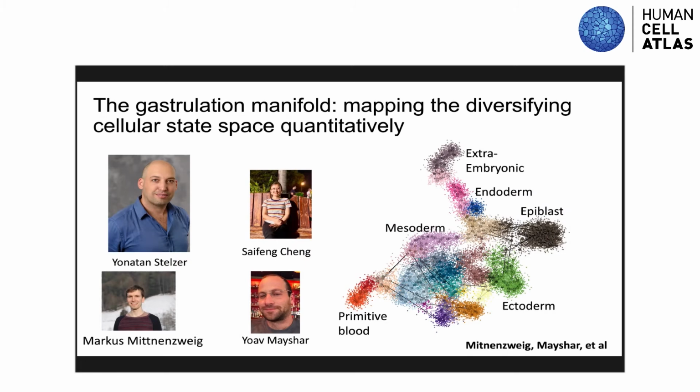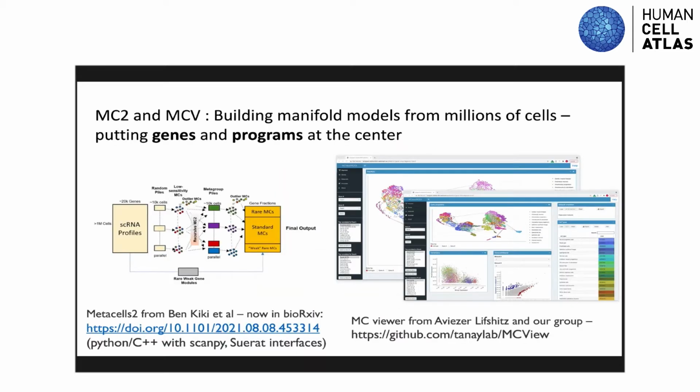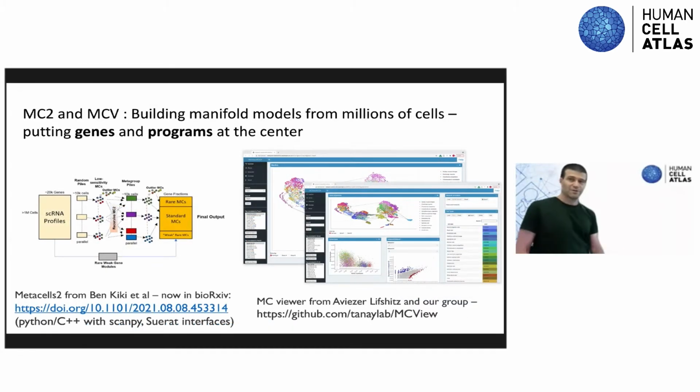So this mouse gastrulation embryo manifold is something we want to use as a basis for doing much more. In practice, by the way, highlighting some of the tools that were initially internal in the group are now out on bioRxiv, that allow us to construct those manifold representations.